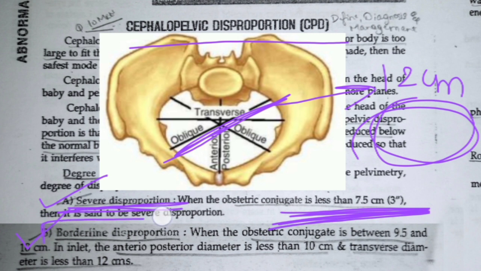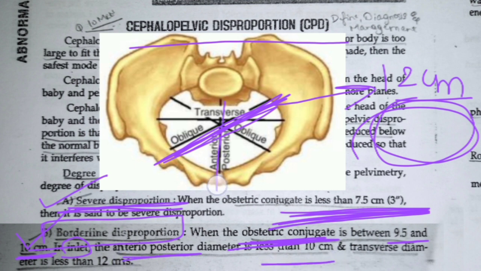In borderline disproportion, the diameter of all the angles is almost 1 or 2 centimeters smaller than the healthy one. The obstetric conjugate should be 12 centimeters, but here it is 9.5 to 10 centimeters. The inlet anterior posterior diameter should be 11 centimeters, but here it is less than 10.